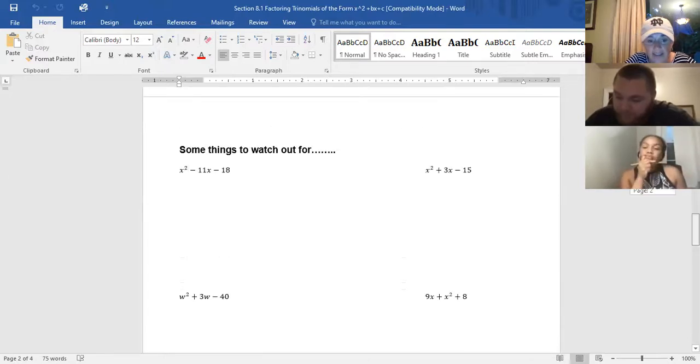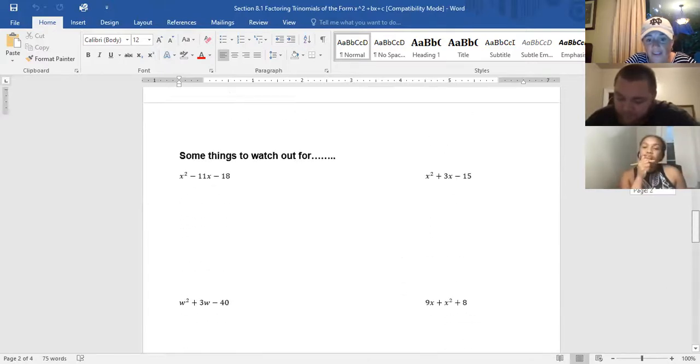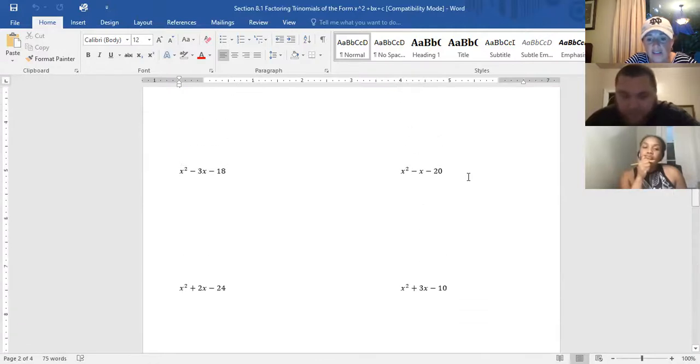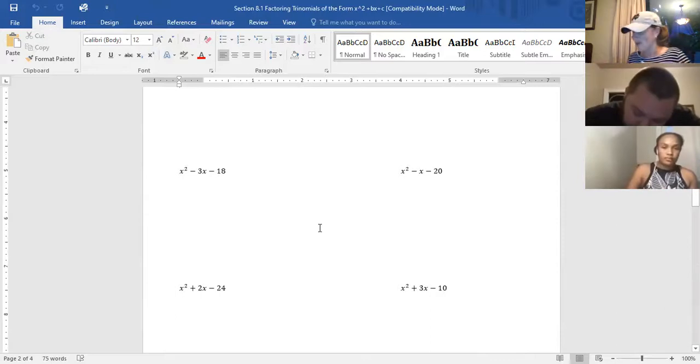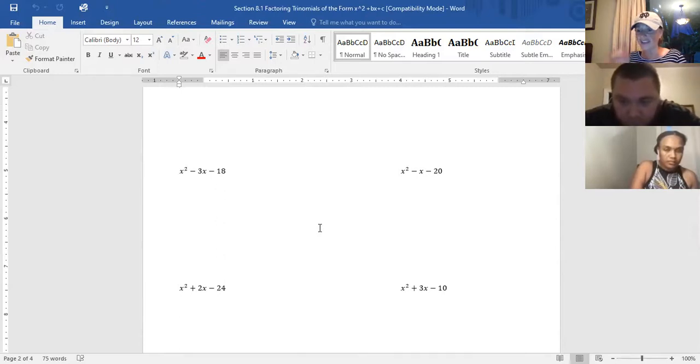And then we'll do all the wonky ones. These are the things to watch out for. These ones are as hard as they get. So let's do these 4, and then we'll look at the ones you got to watch out for. And then the only ones that we have left are if A isn't 1, but it's not any harder. When A is not 1, then you just multiply. It's easy. There's no difference. There's nothing new. I don't know why people make it hard.